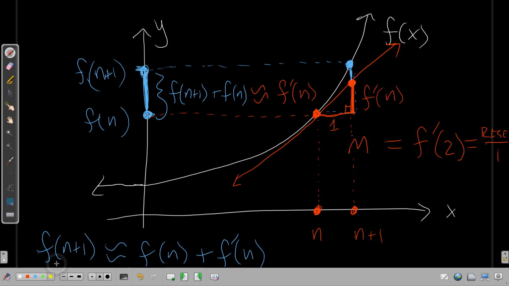I'm going to draw it in yellow, some lines for you. This length is f of n. This length is f prime of n. When you add them together, we're nearly to f of n plus 1. So it is approximate.